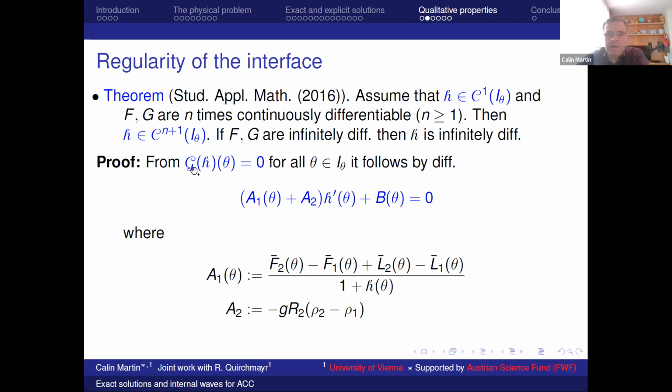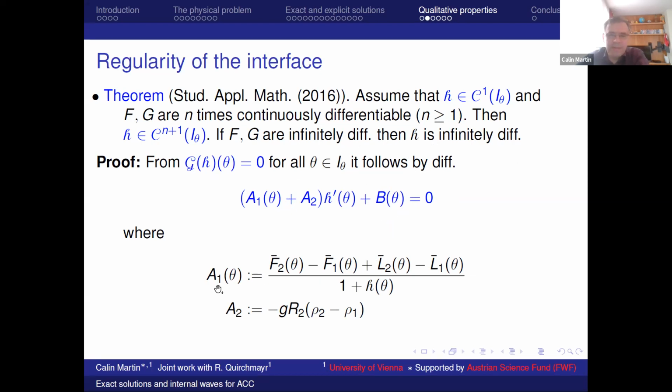Recall that this is the equation that gives the interface. Differentiating this with respect to theta, we end up with this equation. Now we see that if we manage to show that this coefficient here, A1 plus A2, is not 0, then we can move this to the right-hand side and we can differentiate once again, because this B of theta is something which is differentiable.